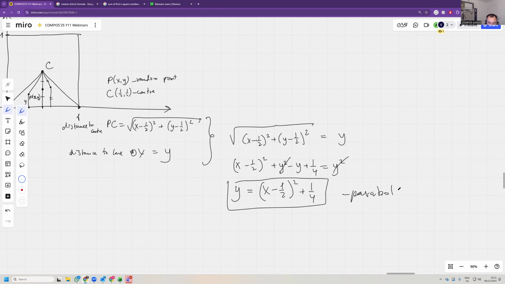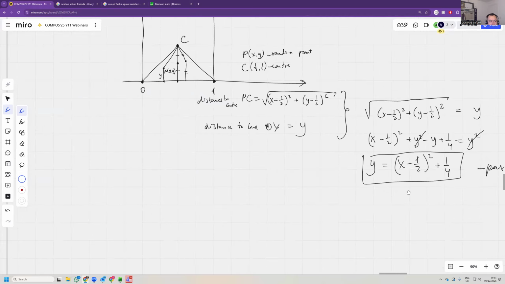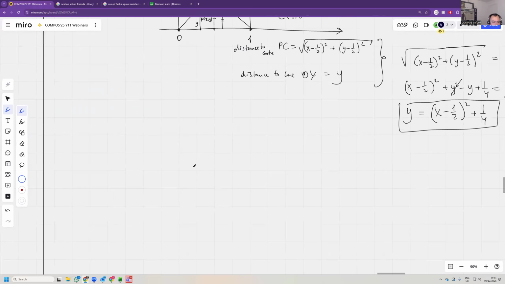It's a parabola. So we have it like this. So we need to find this area and compare it to the area of the triangle.